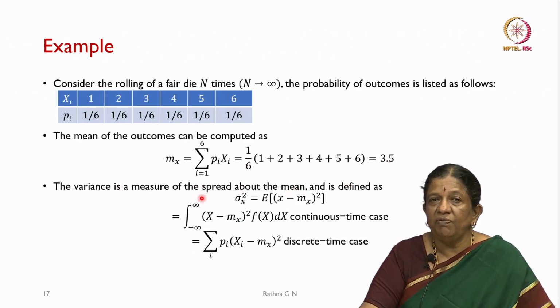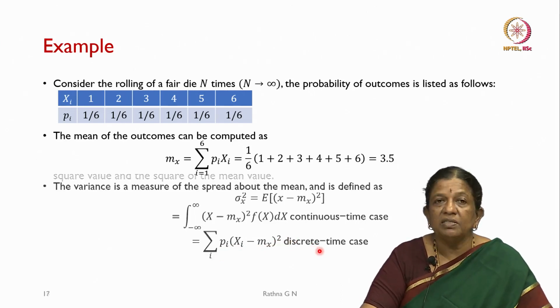The variance is the measure of spread about the mean and is defined as sigma x squared, which is equal to the expected value of x minus mx, whole squared. Substituting, this is the integral from minus infinity to infinity of x minus mx whole squared into f of x dx for the continuous case, and the sum of pi into xi minus mx whole squared for the discrete case.